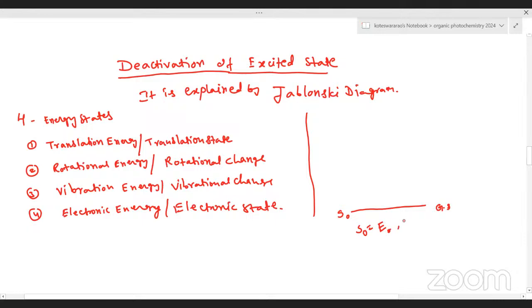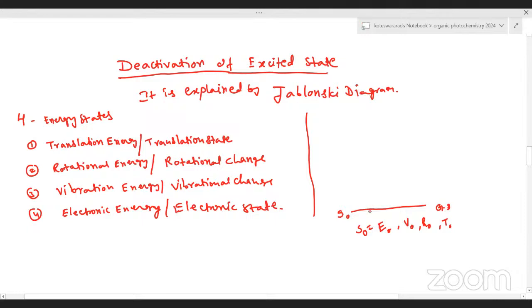Same, V naught, ground state vibrational state. R naught, ground state rotational state, and translation state. These four states are equal to the same S naught. That means at the ground state, these are all zero, V zeros.